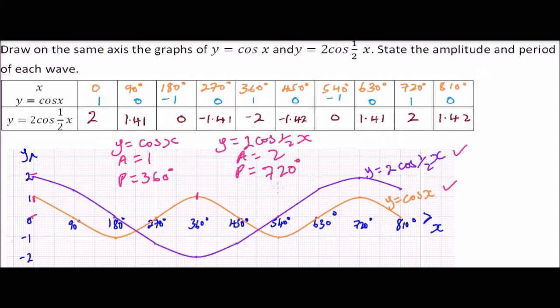So clearly we can see that when we multiply our function by a certain constant, the amplitude increases by that margin, and when we divide the angle by a constant, then the period is multiplied by the same number. So we can see a trend here.